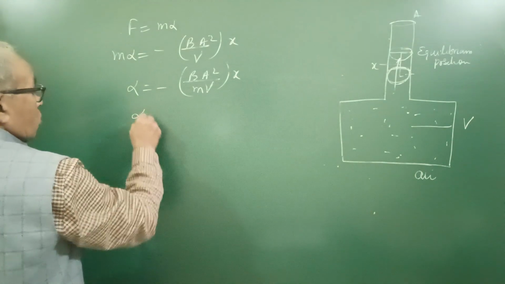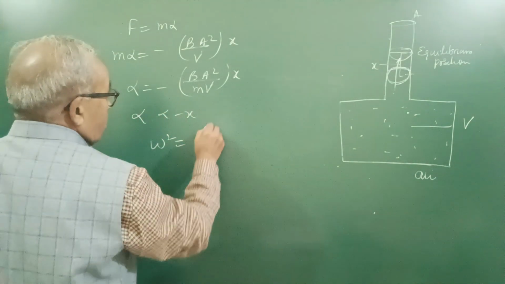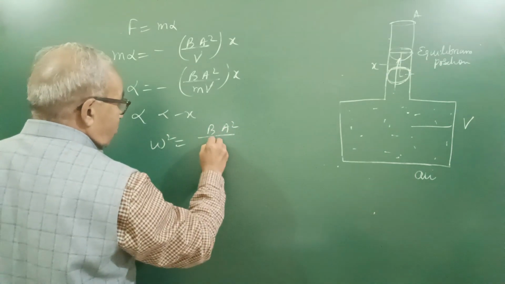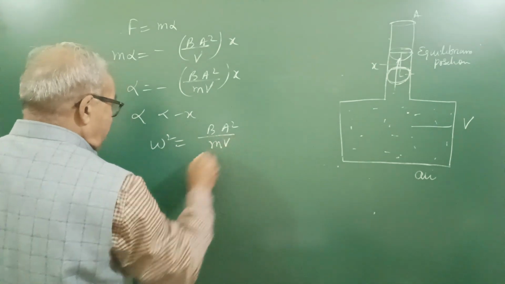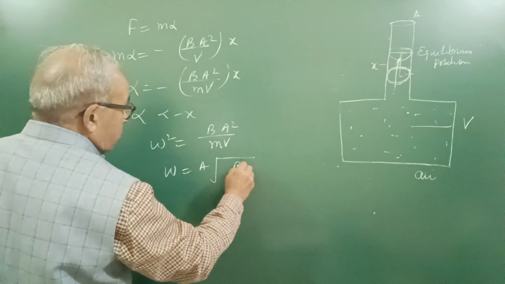So alpha is proportional to x and omega square equal to B A square upon m V. Omega is equal to A under root B upon m V.